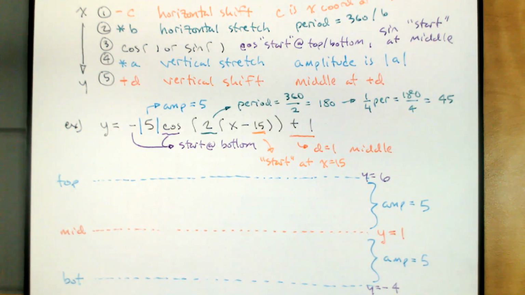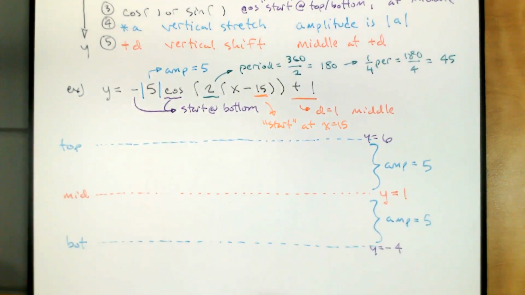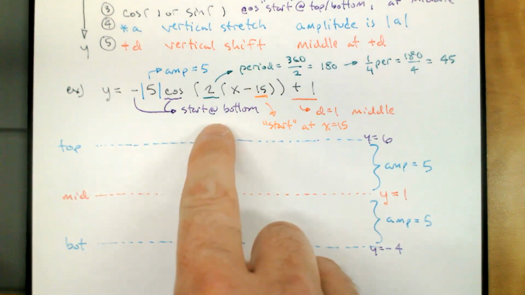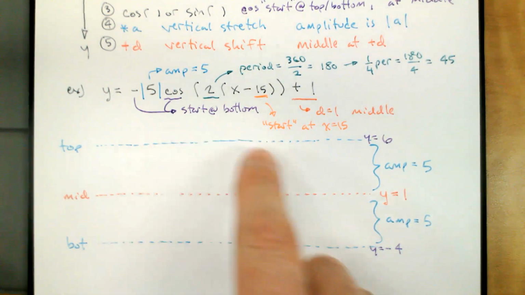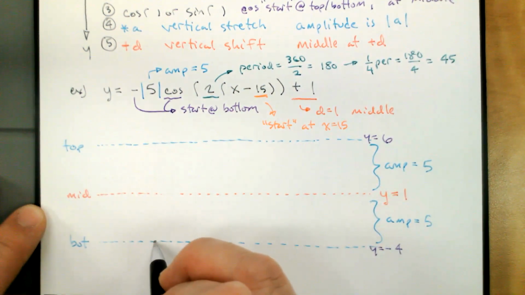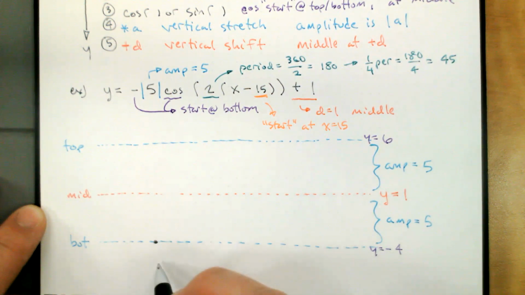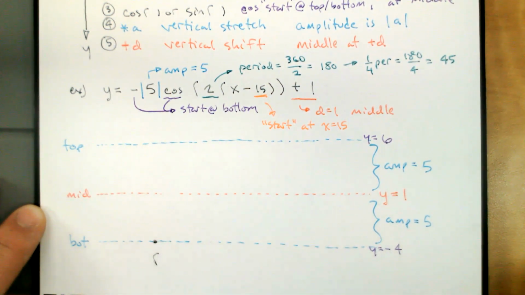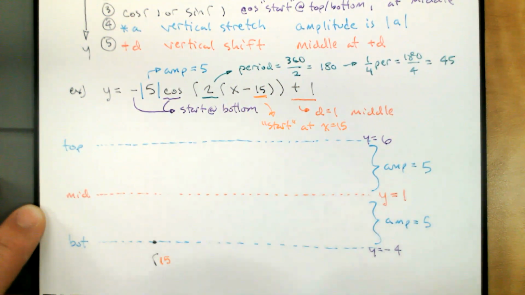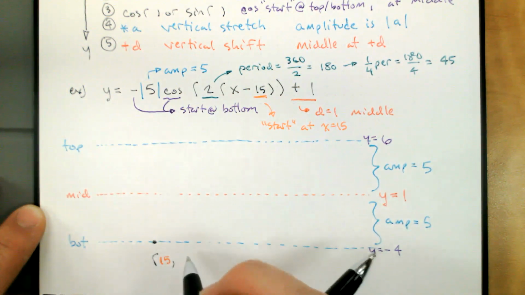So let's now use our information. I'm going to start at the bottom, and I'm going to label that x value as 15. So my first point is going to be here at the bottom, and we're going to label it with 15. And the y coordinate at the bottom is negative 4.